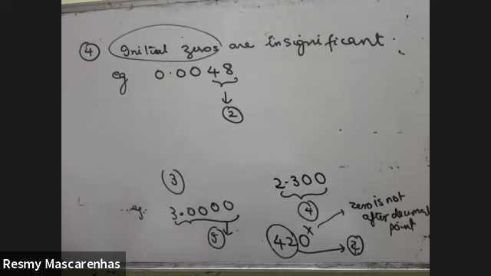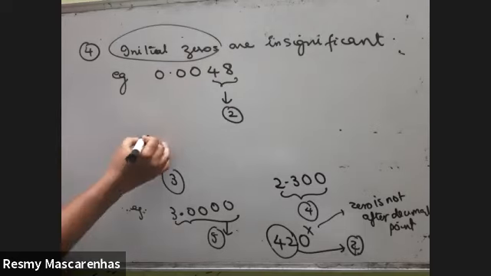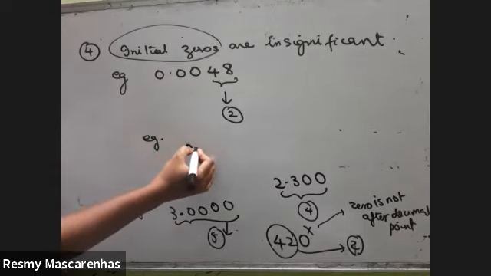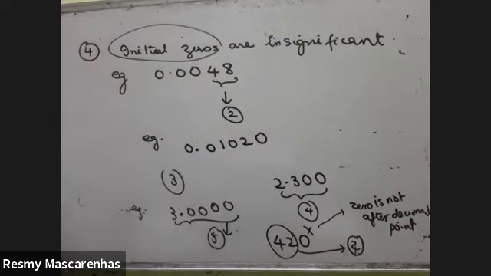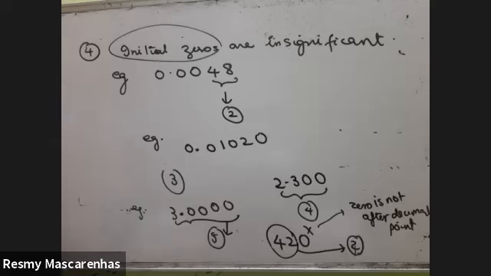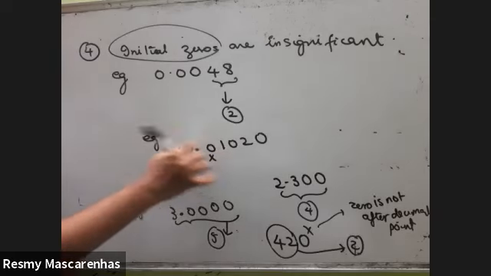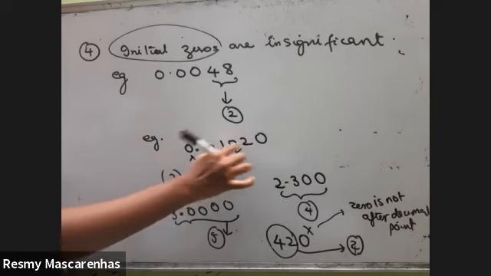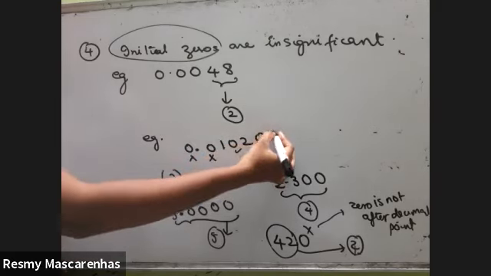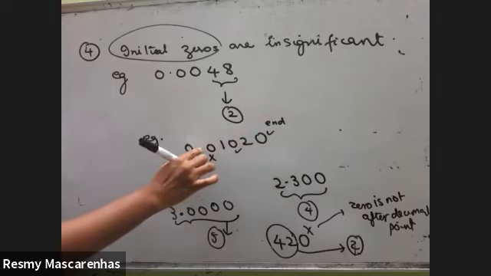One more example. Let's see. Anyone can tell me how many significant numbers? Yes, 4. Very good. These are not to be considered because they are initial. This one is correct because it is between the two non-zero numbers, and this is towards the end and after the decimal point.